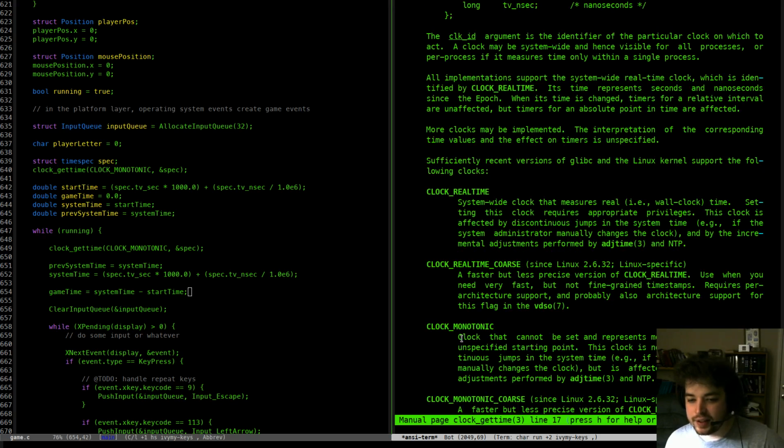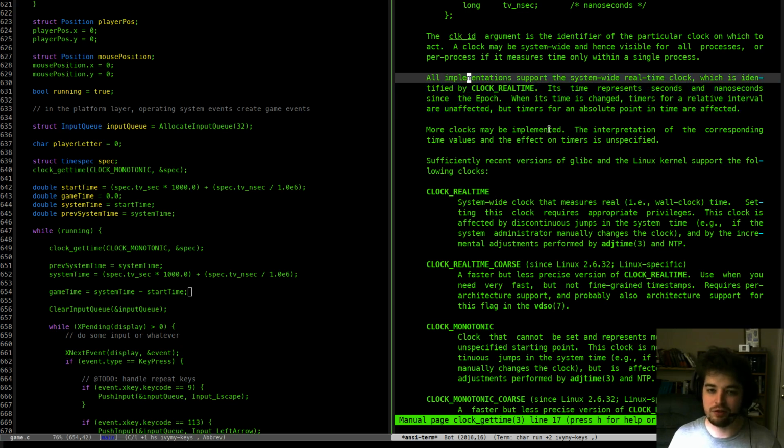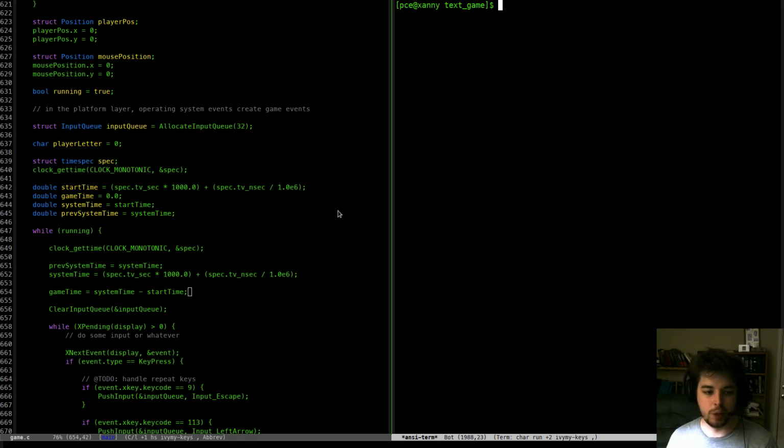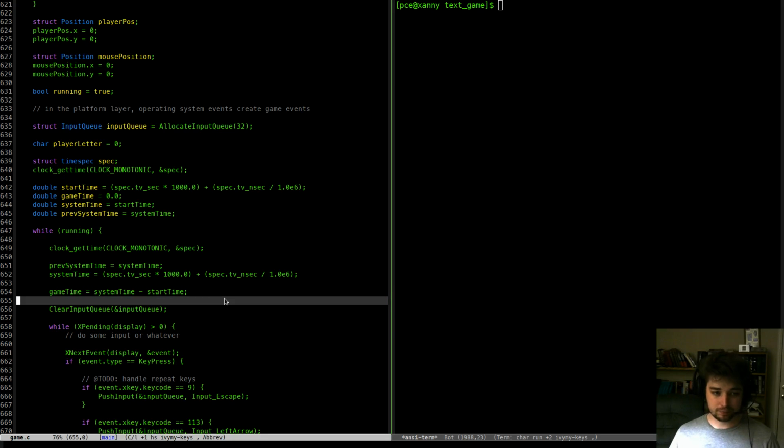Okay, yeah. It represents monotonic time since some unspecified starting point. So maybe that has nothing to do with the epoch. Clock real time is the number of seconds and nanoseconds since the epoch, which again would be January 1st, 1970. But we aren't going to care about that since we're using monotonic.